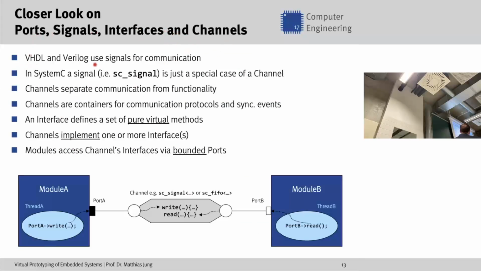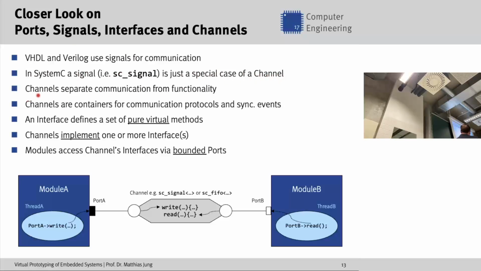So in VHDL and Verilog we have signals for the communication, and SystemC has generalized this a little bit more. It's not only a signal, a channel could be anything. So it could be also a queue, for example. So in SystemC, a signal is just a special case of a channel.